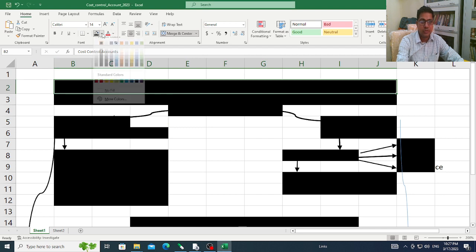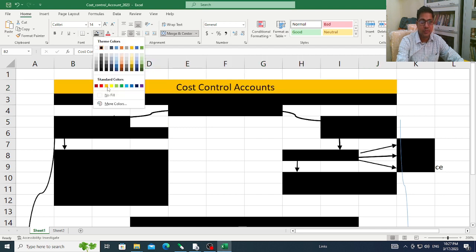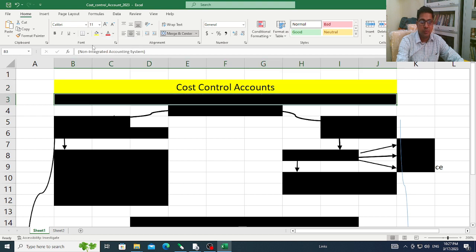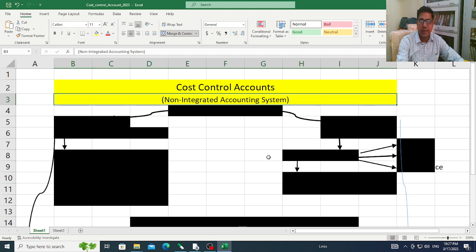So our chapter name is cost control accounts. Now it is a non-integrated accounting system.